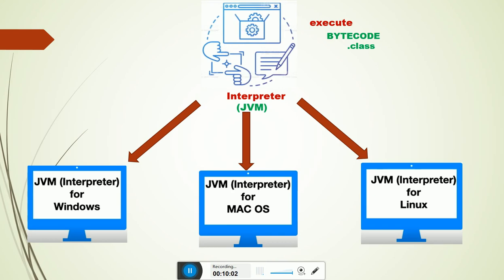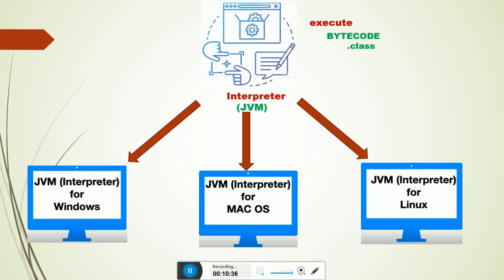That's why we need a different JVM or a different interpreter for each type of system so that they can run the bytecode, but remember, the output of the code will never change, because the same bytecode might be running on each type of machine.